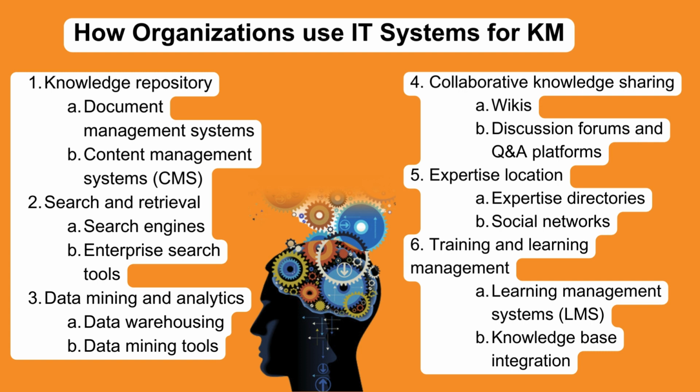Here we look at how organizations use IT systems for knowledge management. More specifically, organizations use document management systems and content management systems, or CMS, for this purpose. Secondly, some systems are used for information search and retrieval.